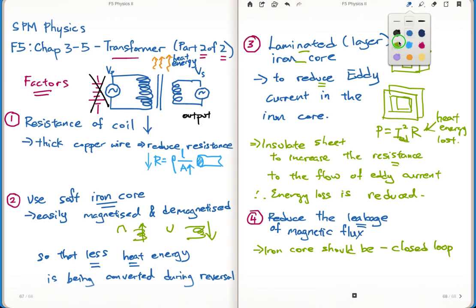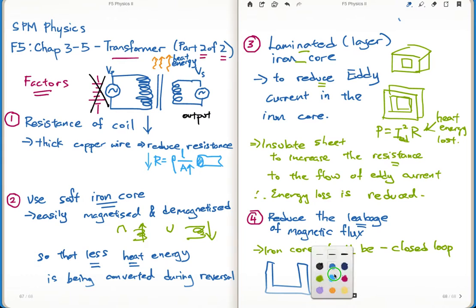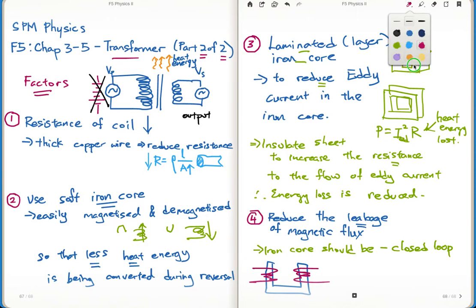So this is an example. Say, if you have the iron core in a U shape, then you wind around your primary and then you wind around the secondary. What happens here, there's a leakage of flux generated by the coil.